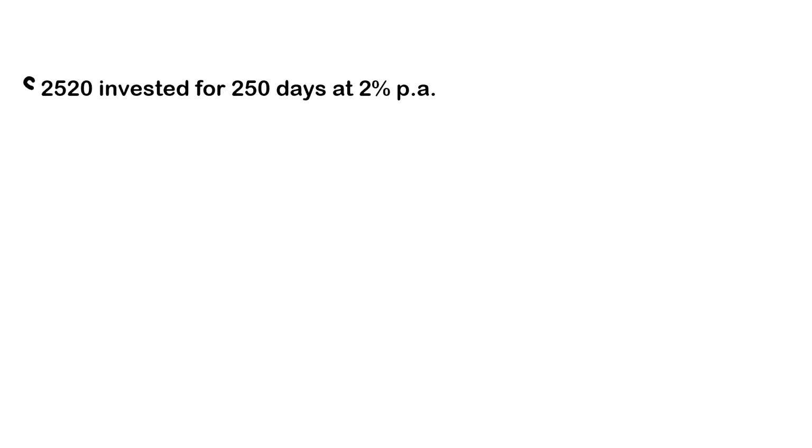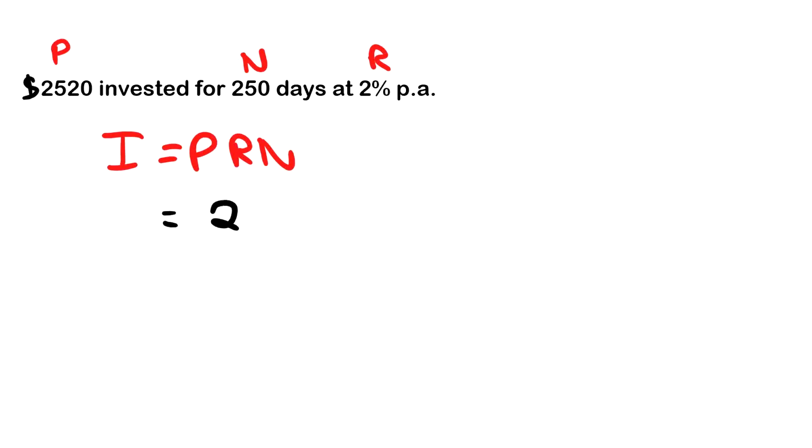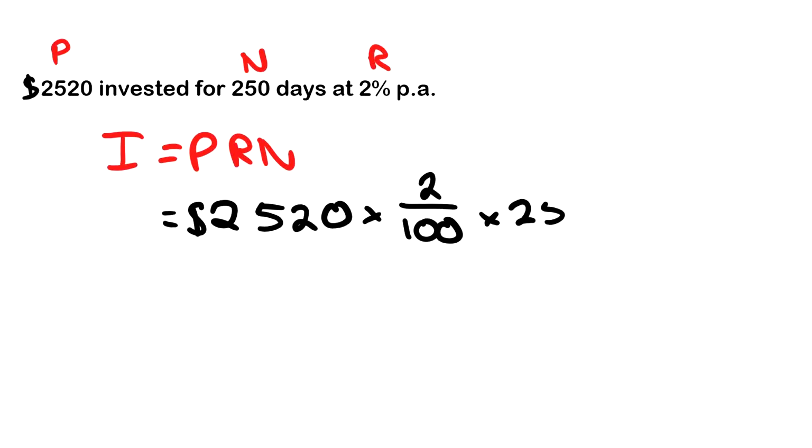So we'll have a look at another one here. That's meant to be a dollar sign. So I equals PRN, my principal, my time, and my rate. So 2,520 times 2 over 100 times 250, and I'm wrong already. So why am I wrong?